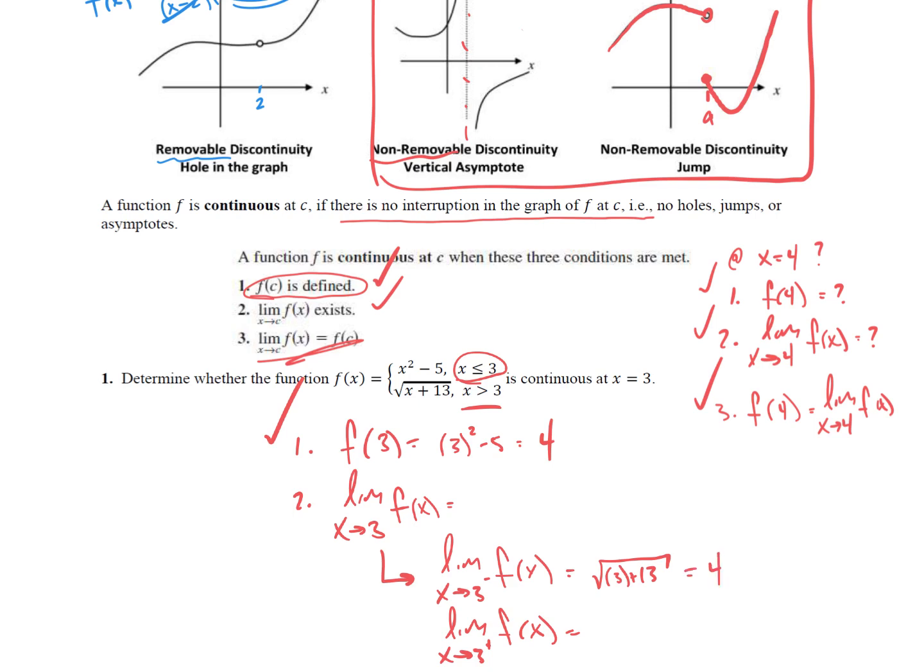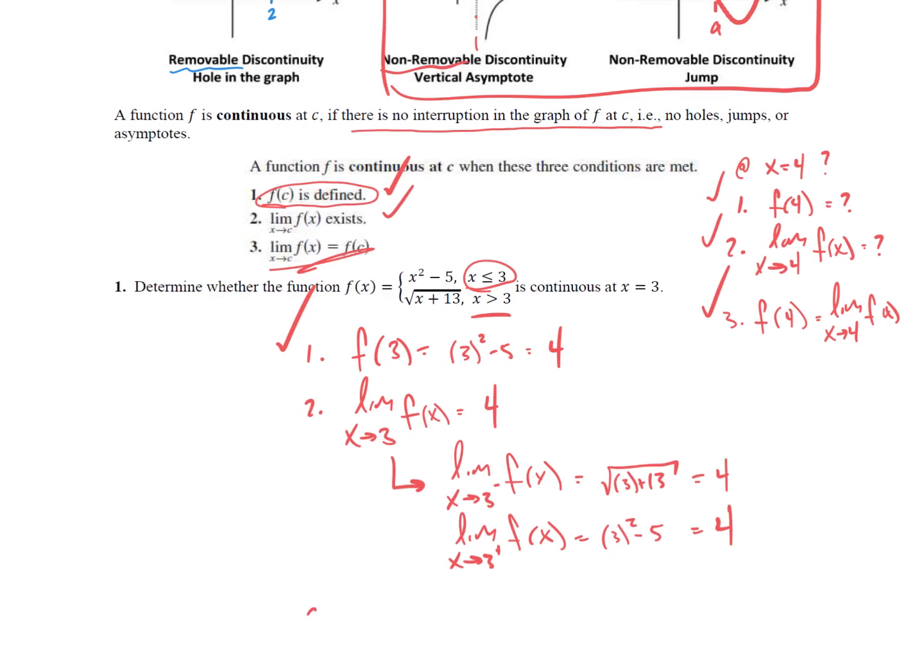And as I approach it from the left, that would be 4. So because my left-hand limit agrees with my right-hand limit, I would say that the limit as x approaches 3 is 4. Looking good so far. Now I just have to prove that this function is continuous by establishing that f of 3 equals the limit as x approaches 3 of this function, because they are both 4. So this is the full process for determining is a function continuous at a certain point. Checklist of 3 items that need to be investigated.